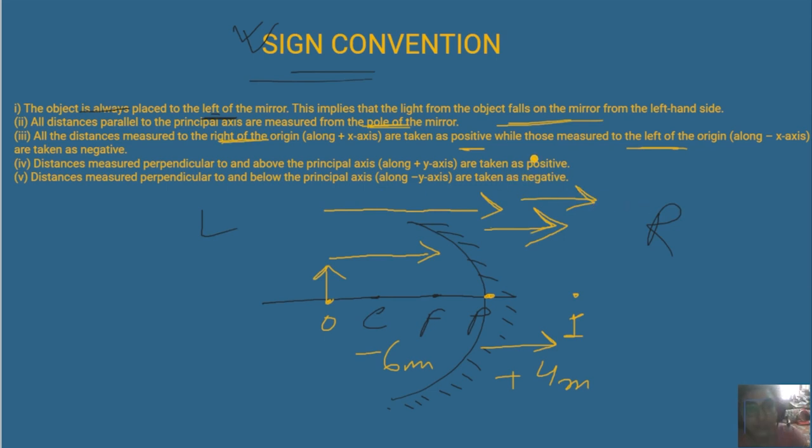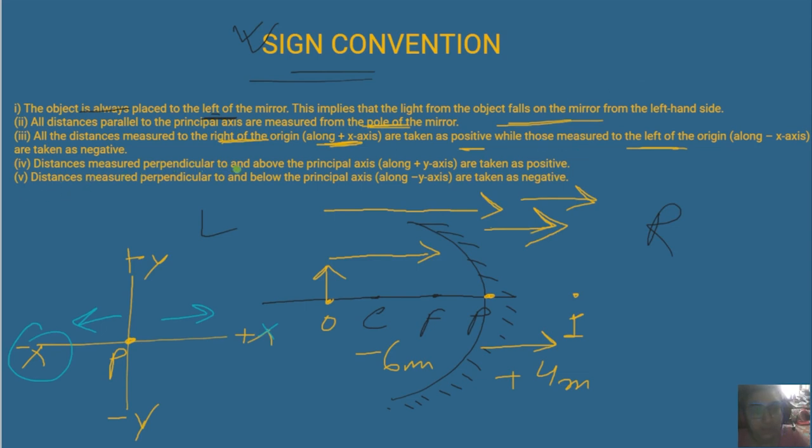So all the distances measured to the right of the origin, that is along the plus x-axis, according to the Cartesian system, this is the positive x, this is the negative x, positive y, negative y, right? So they are keeping the pole at the middle. With respect to the pole, if we go towards the right, it is positive, and if we go here, it is negative.